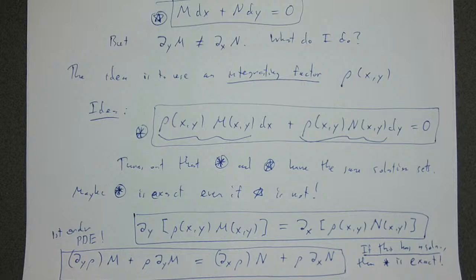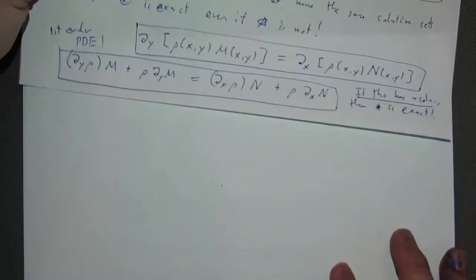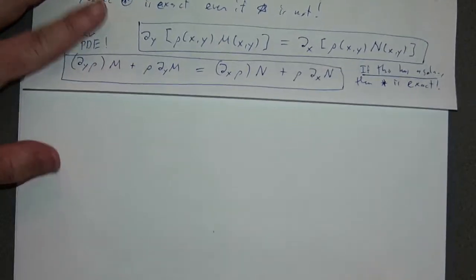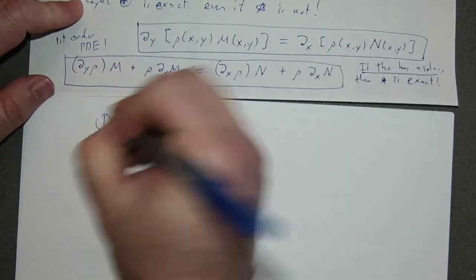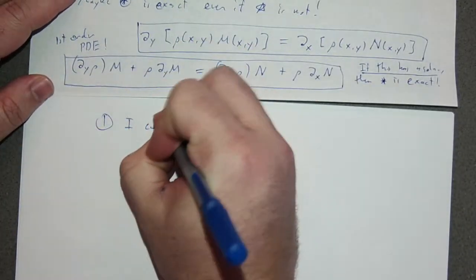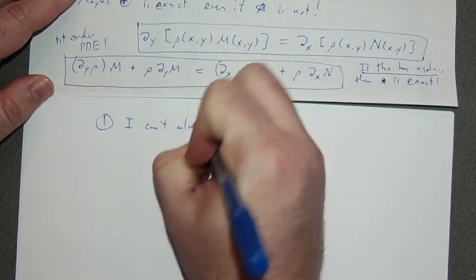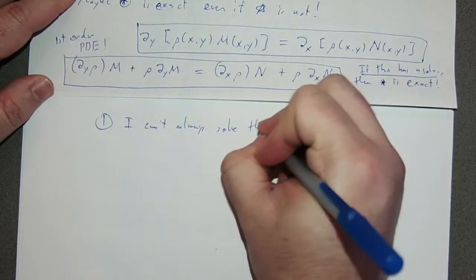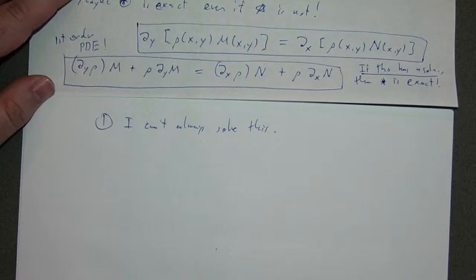Well, I'm not always guaranteed to be able to deal with this. So, maybe the first thing: one, I can't always solve this. So sometimes you're just screwed. There's nothing that you can do. You can't fix it, and the equation, you just can't do anything with it.